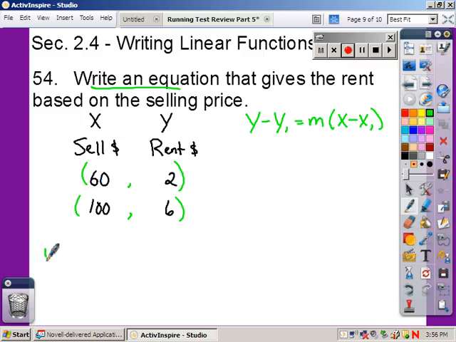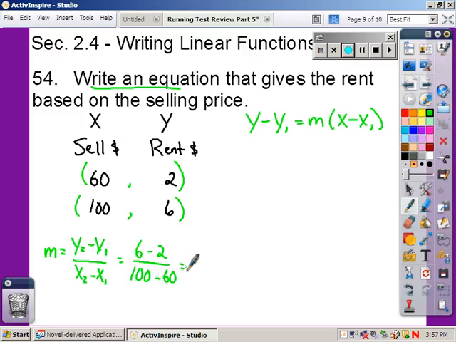But if you remember, we do have a slope formula for when you have 2 points. This is also written right on your review sheet. So basically what I'm saying is, give me the y-coordinate of the second point minus the y-coordinate of the first point over the x-coordinate of the second point minus the x-coordinate of the first point.